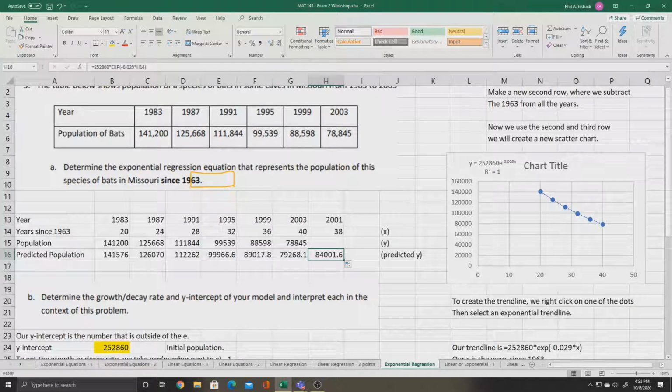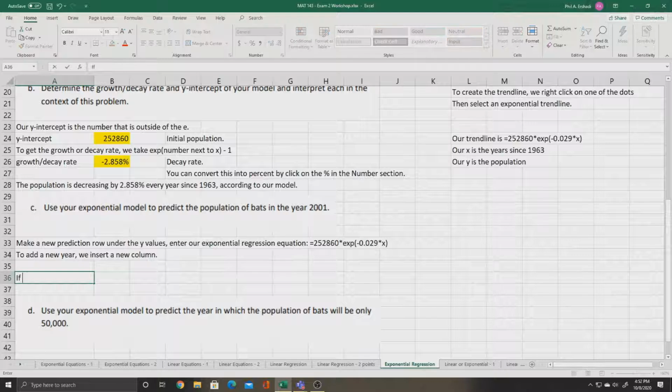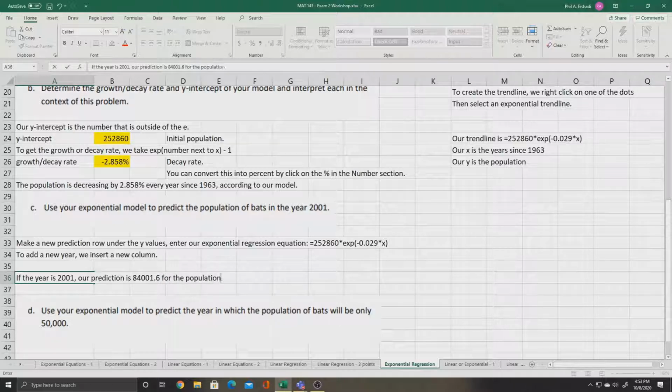So the prediction that comes out, the 84,001.6, is our predicted population if x was 38, meaning the year 2001. So we can say if the year is 2001, our prediction is 84,001.6 for the population.